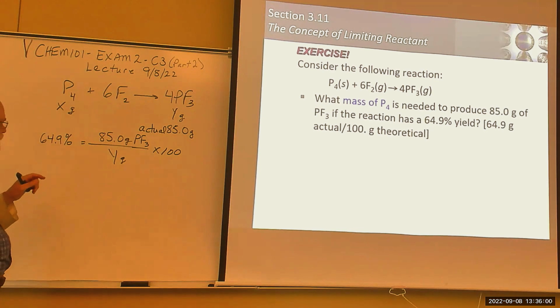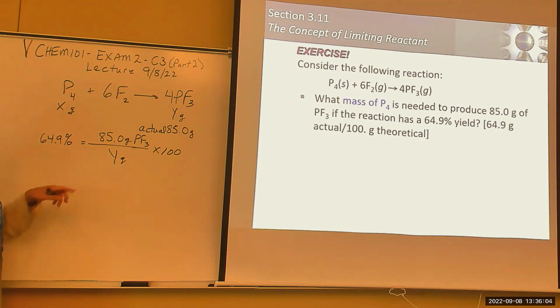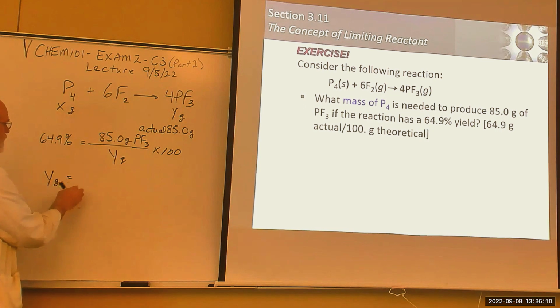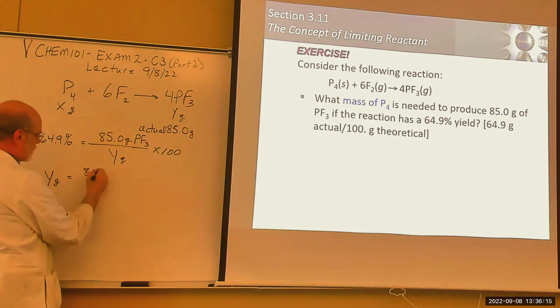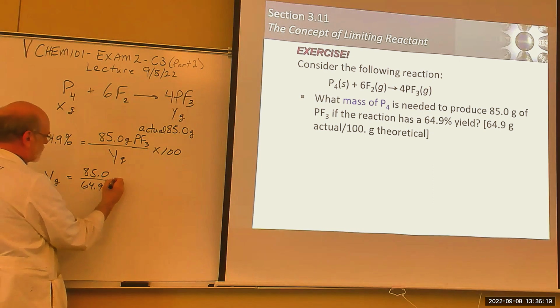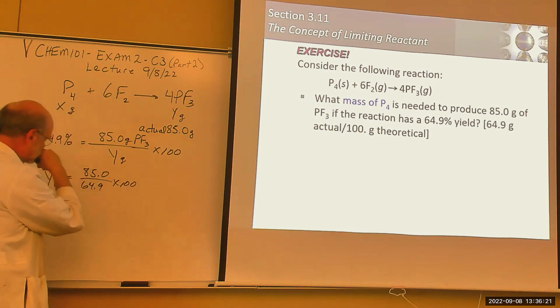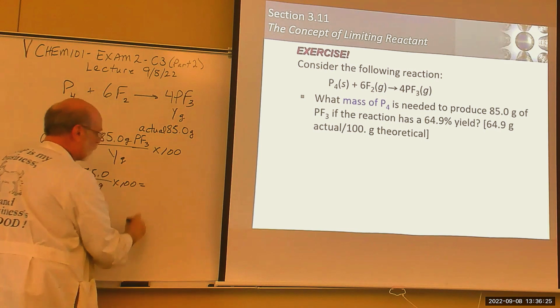All right. So how do we solve for y? The algebra says this in the denominator comes over here in the numerator, right? And this goes to the denominator. 85 divided by 64.9 times 100. So what did y come out to?